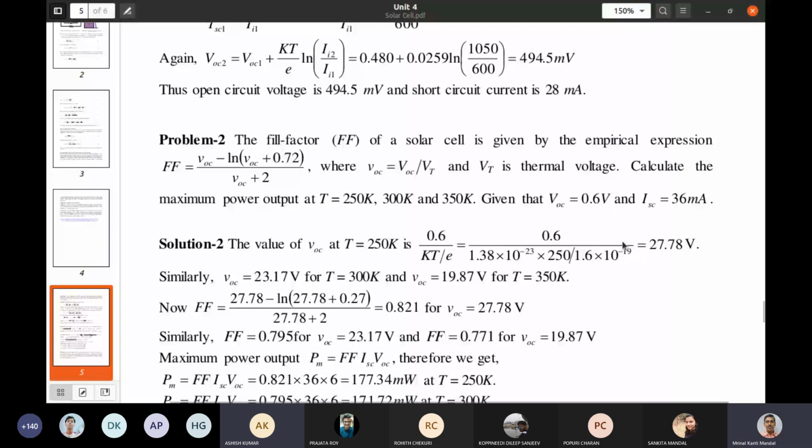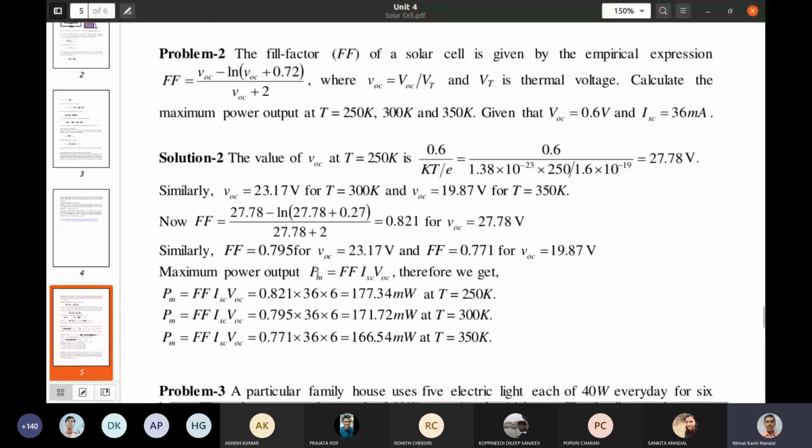So VOC is also calculated for 300 and 350K. Now fill factor you have to calculate, that is 0.82 for this VOC, and for this VOC the fill factor is 0.79. From this expression we have calculated. Then maximum output power is fill factor into short circuit current and open circuit voltage, whose values are given.